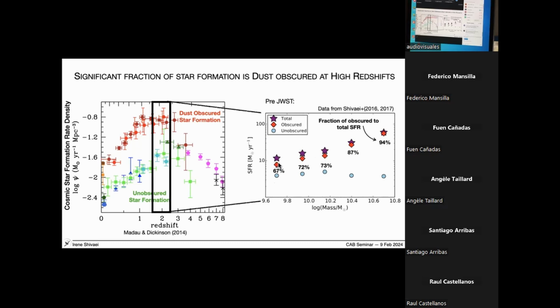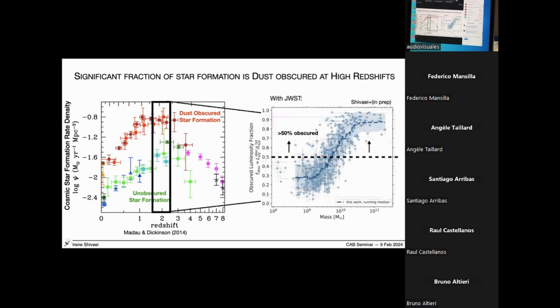They are shown with stars, and you can see by the percentages that more than half of it is obscured. And this is the picture we had before JWST. We needed to look at averages to see the trend. But now with JWST, we can also look at individual galaxies and understand what fraction of star formation in them is obscured. And I will talk about this plot more towards the end of the talk.